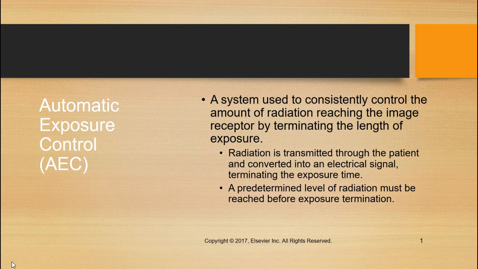It's converted into an electrical signal, and that signal is what tells the AEC system to terminate the exposure. Okay, so there's a predetermined level of radiation that must be reached before the exposure is terminated, and that has all been programmed by the engineer that's installed the system.